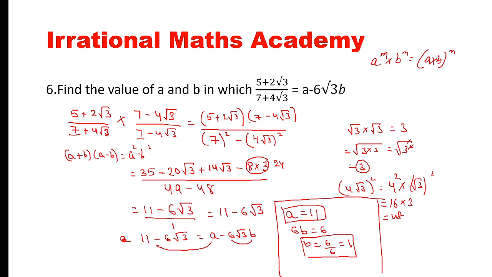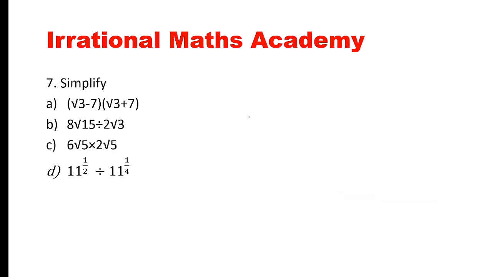Next, simplify. First one, you can easily do it. It is of the form A plus B into A minus B, that is A square minus B square. Same thing here. My A is root 3 and B is 7.